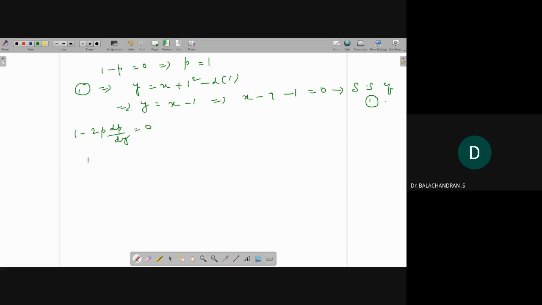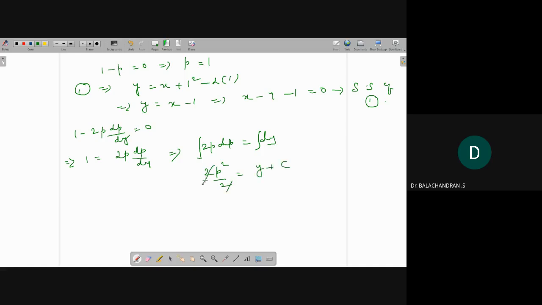From this we have 1 equal to 2p into dp by dy, which implies 2p dp equal to dy. Now if you integrate, you get 2 into p square by 2 equal to y plus c.